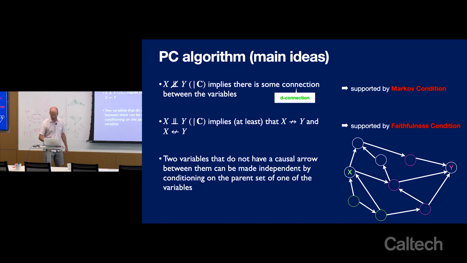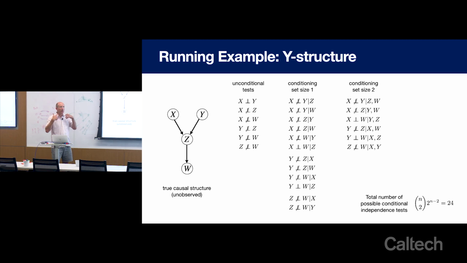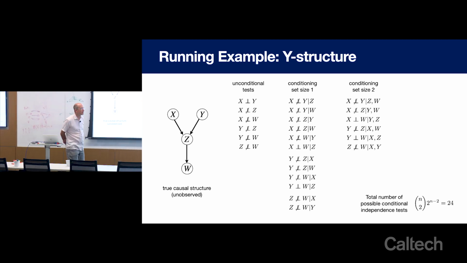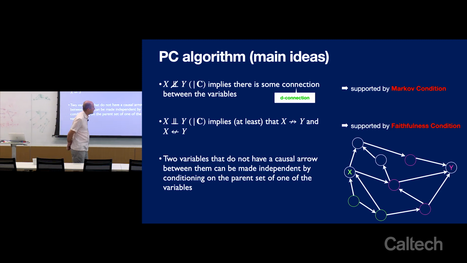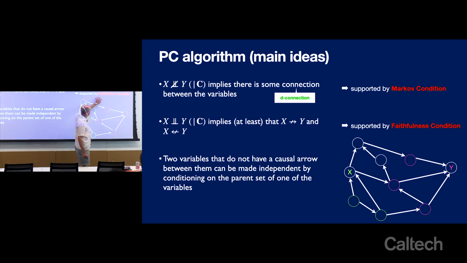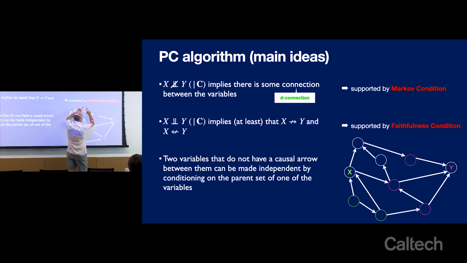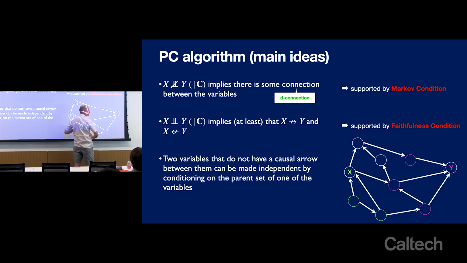Thank you. Okay. Yeah, go ahead. That holds as long as they don't have a common parent. No, they can have a common parent. Suppose I had another variable here that had arrows to both x and y, right? Then conditional on that and the rest of them, they would be independent.